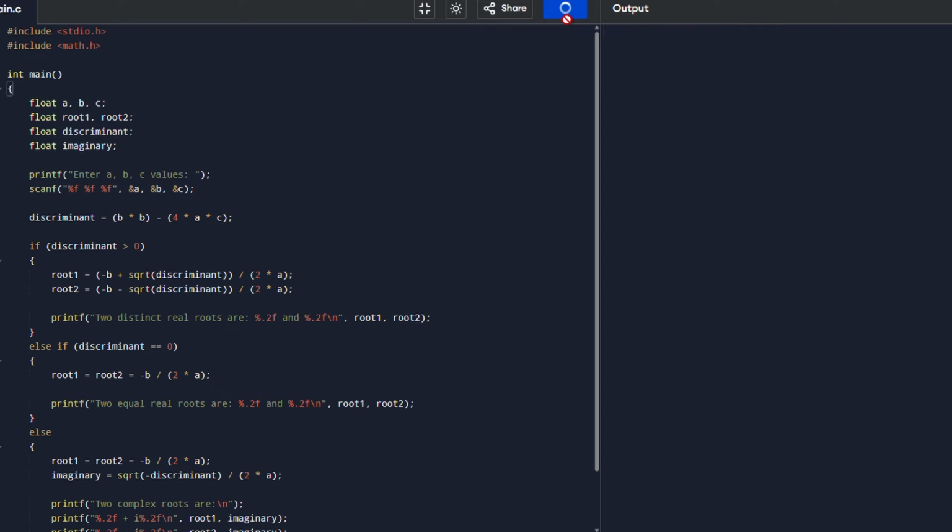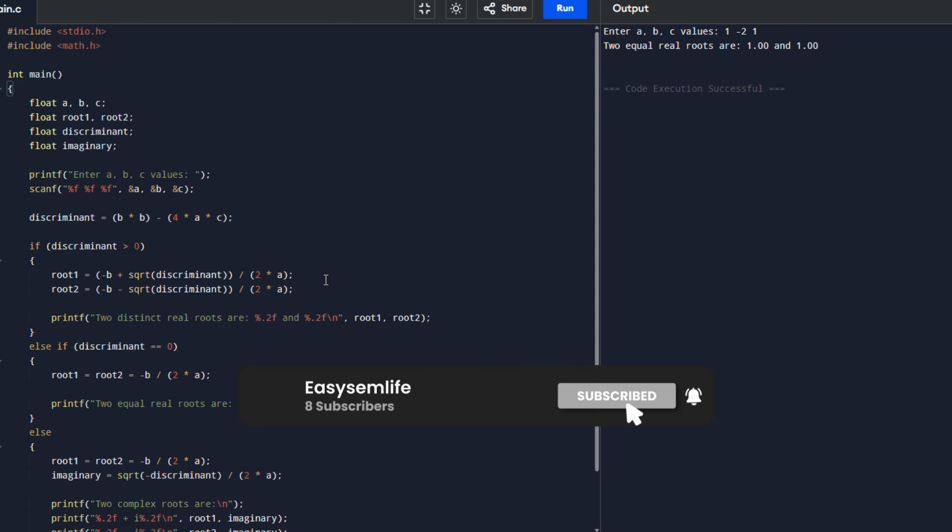Now let us run it again. We'll take the example 1, minus 2 and 1. So see here, the equation becomes x square minus 2x plus 1 equals 0. So discriminant d is equal to 0.